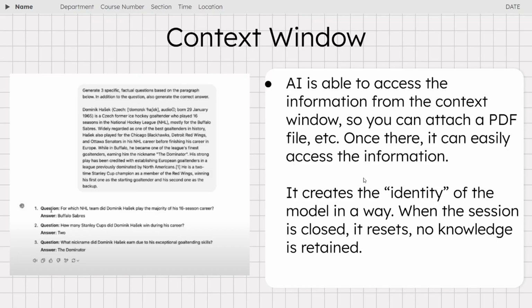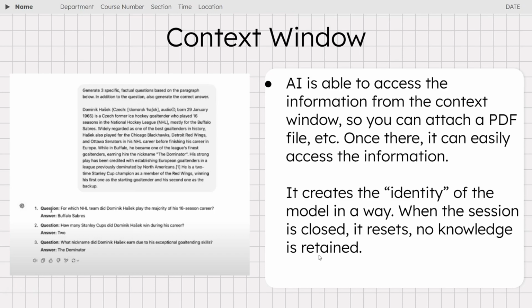And this basically creates the identity of the AI, because you're personalizing it, making it unique to the conversation, to you. Because when the session ends or closes, the AI resets.